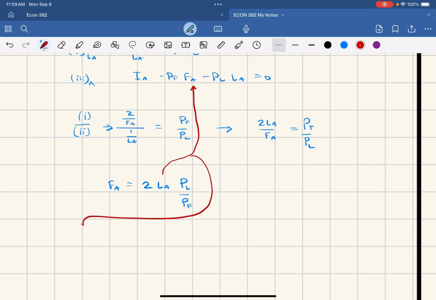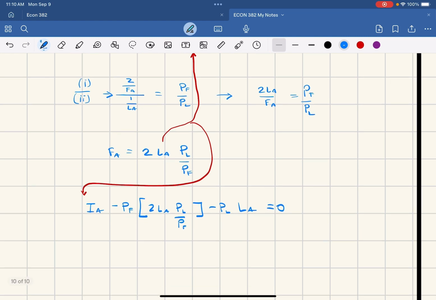And so that's going to lead us to IA minus PF, and now I'm going to put in what we had, 2LA times the price of leaves over the price of figs, minus PL LA equal to 0. And we'll see that different things will cancel.